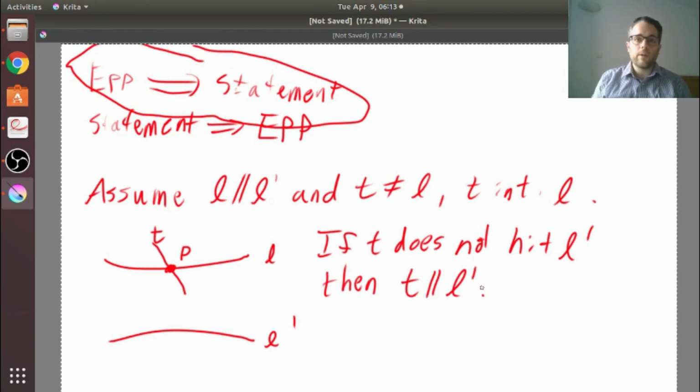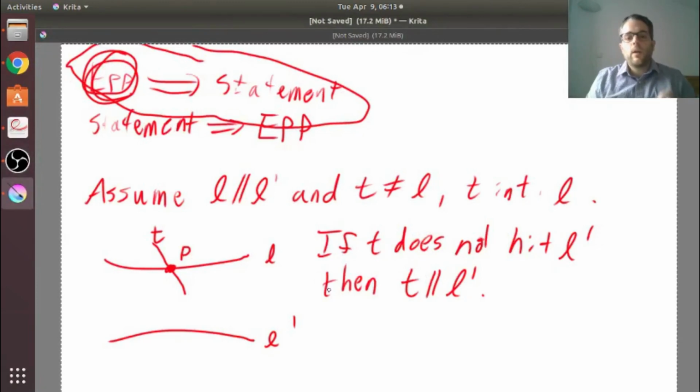But there's our problem already. We're already at the issue, right? We are assuming that the Euclidean parallel postulate is true. So that means that there's only one line which hits P and is parallel to L prime.